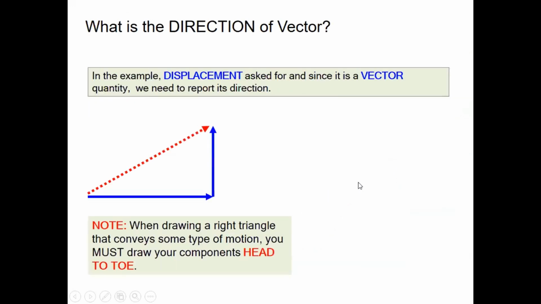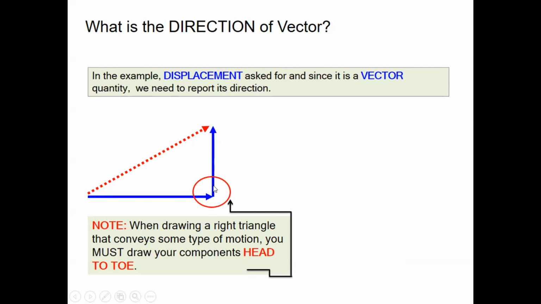So what will be the direction of this kind of vector if there are two vectors that are perpendicular to each other? So let's see. Note, when we draw a right angle triangle, we are going to convey some type of motion, meaning that from tail we go to head, and from the tail of this we go to the head.